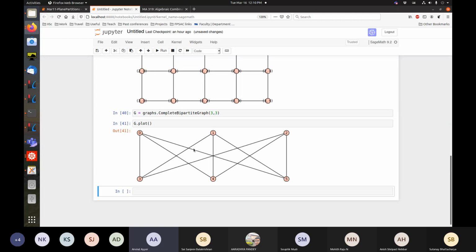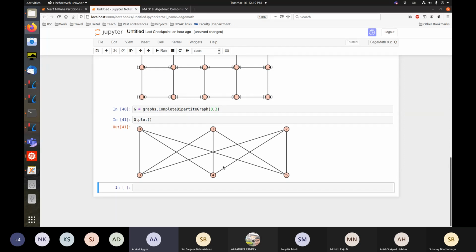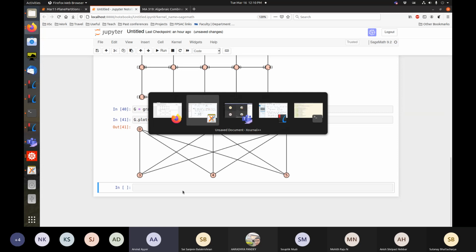Not in that sense, but in the sense that any graph which is non-planar has intrinsically inside it either a K5 or a K33. Anyway, that's just for your information.